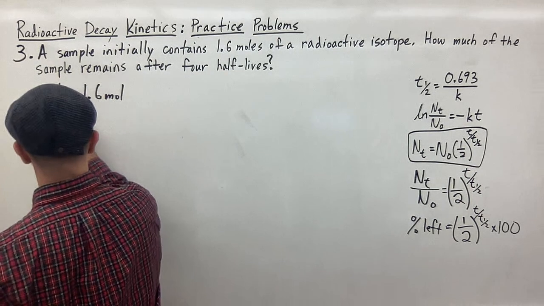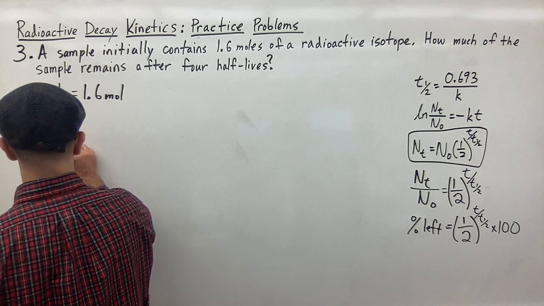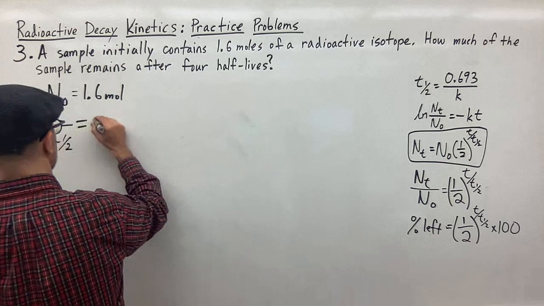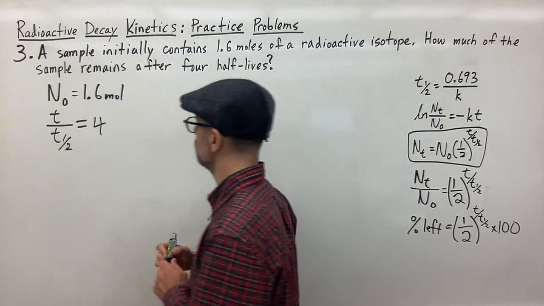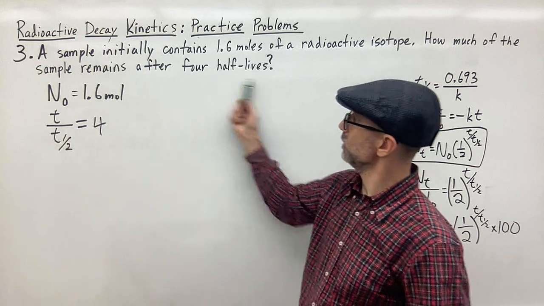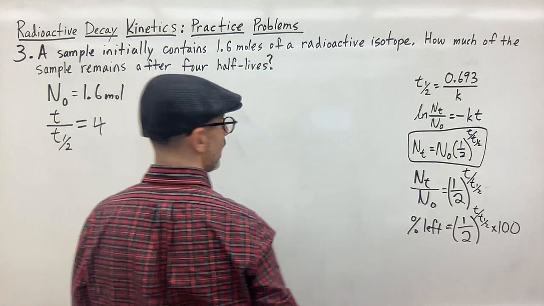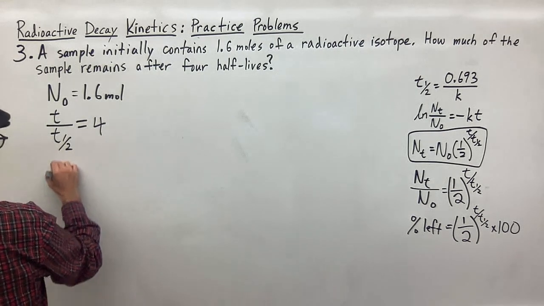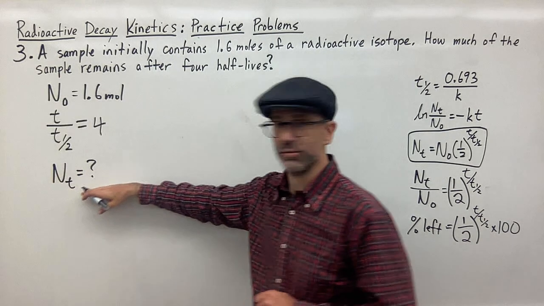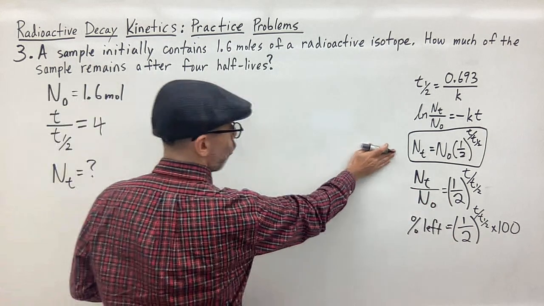So that's T over T1/2, and this fraction is 4. So we're given the number of half-lives, and we're trying to find the amount left over. We have everything we need. So we plug this into our formula.